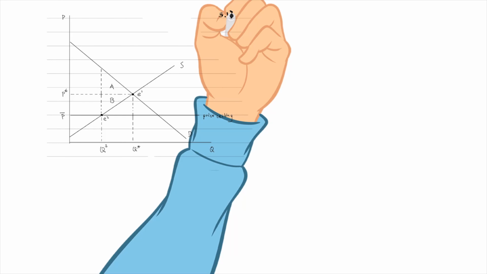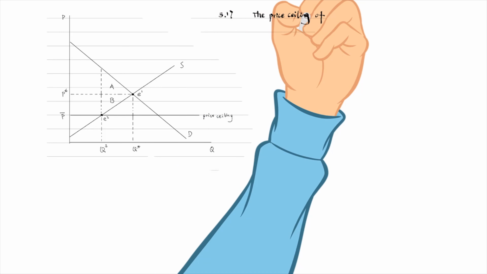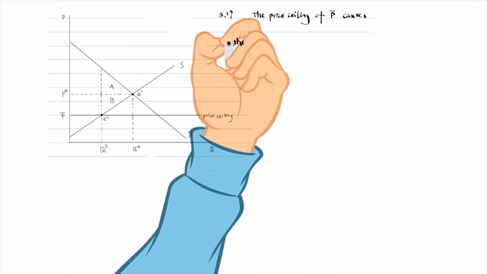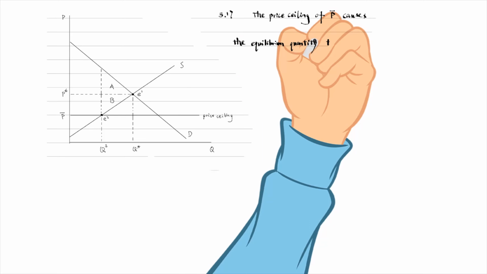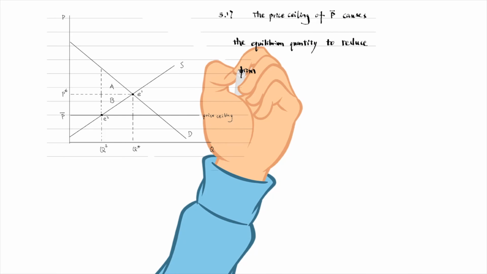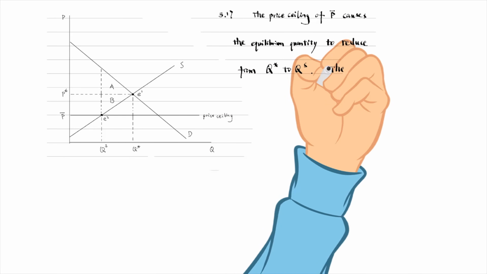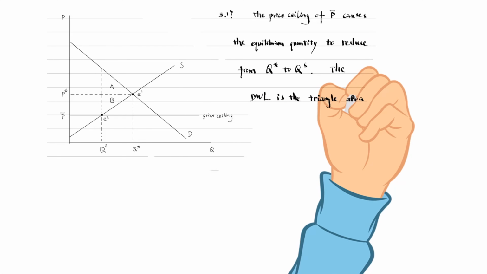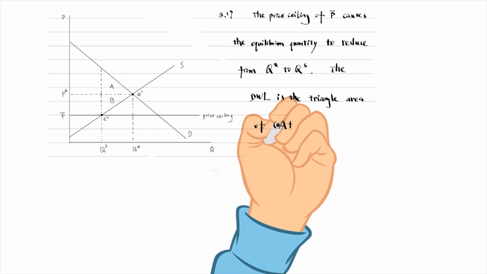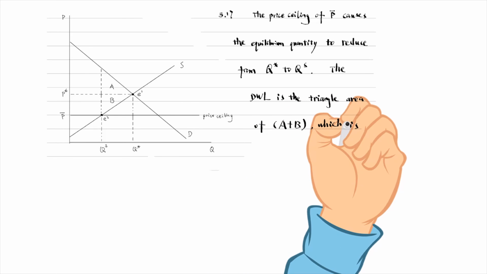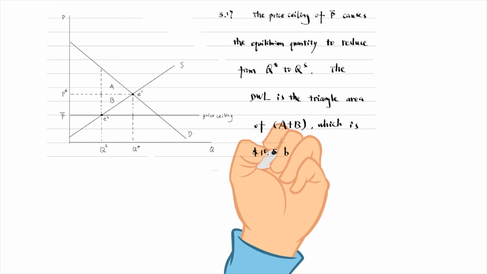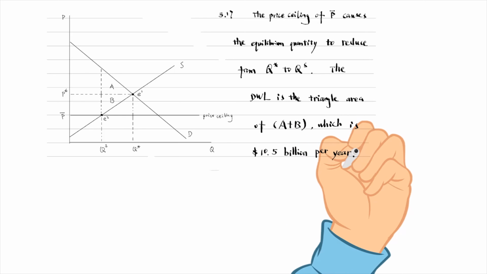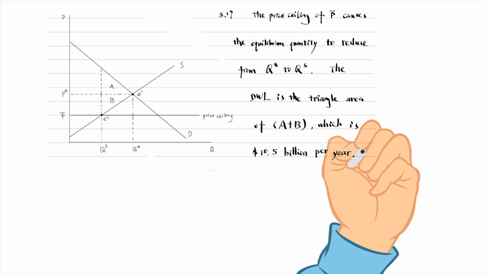The price ceiling of P bar causes the equilibrium quantity to reduce from Q star to Qs. The deadweight loss is the triangle area of A plus B, which is $10.5 billion per year, according to the estimates in the application.